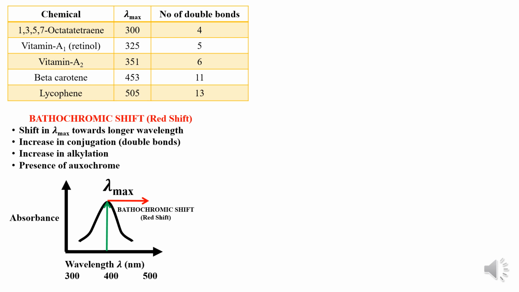conjugation. Now here's a table depicting a list of unsaturated compounds with their respective lambda max values. And let's see how the conjugation influences the lambda max of these 5 unsaturated compounds.